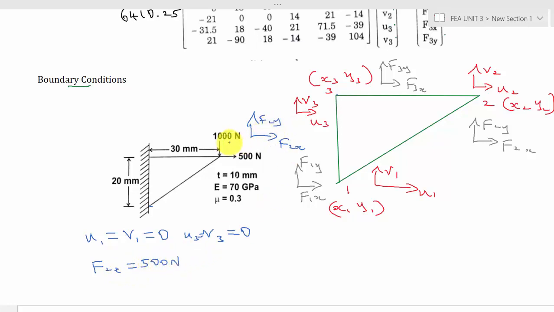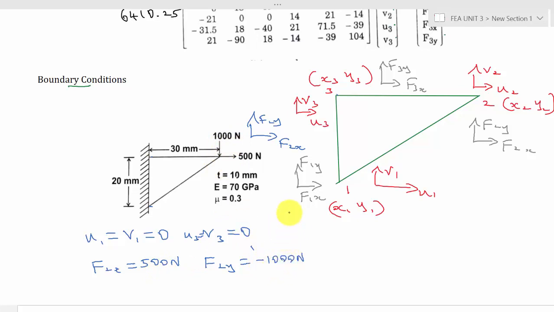Then F2y is acting in the opposite direction, downward direction, so F2y is equal to minus 1000 Newton. So at node 1 and node 3 it is fixed, so U1, V1 and U3, V3 are equal to 0. At node 2 it is subjected to 2 forces: F2x is 500 Newton and F2y is minus 1000 Newton since it is acting in the downward direction.